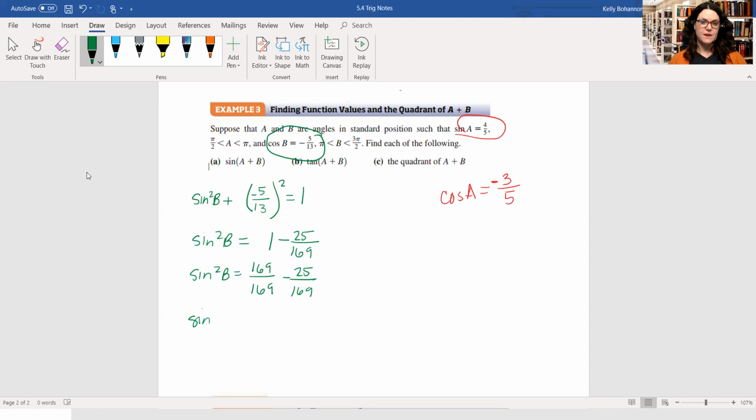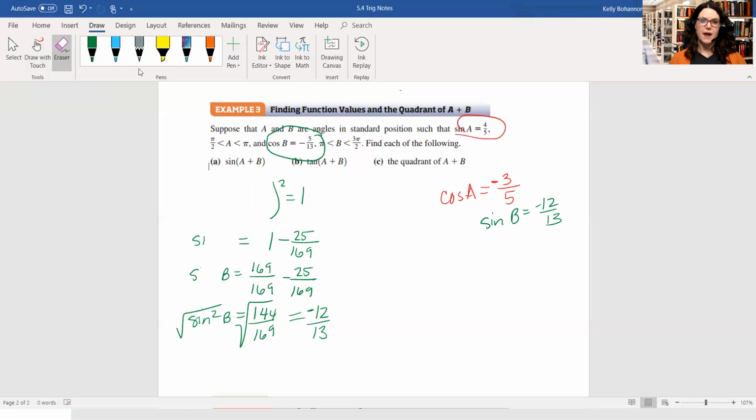That gives me sine squared of B equals 144/169. Take the square root of both sides, and you get 12/13. Now B is between pi and 3pi/2, which puts it in quadrant 3. All students take, so the only thing positive there is tangent, so this is also going to be negative. Sine of B is -12/13. And let me erase all this so we have room.